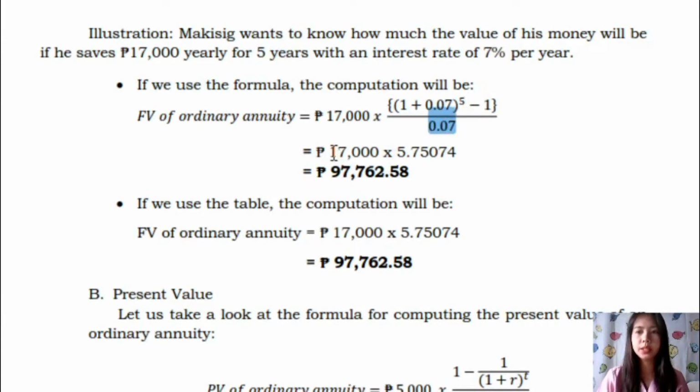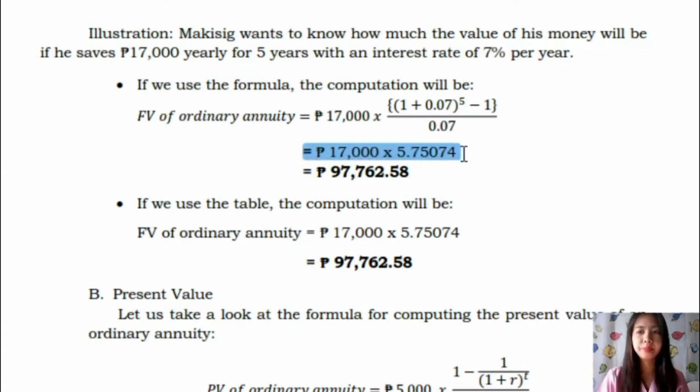So you will have the 17,000 multiplied by 5.75074 which will equal 97,762.58.